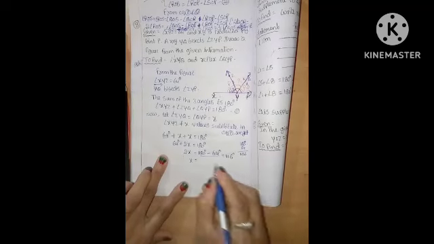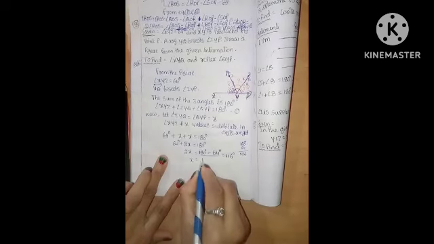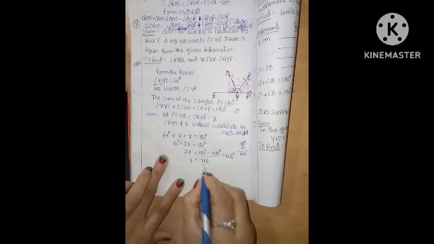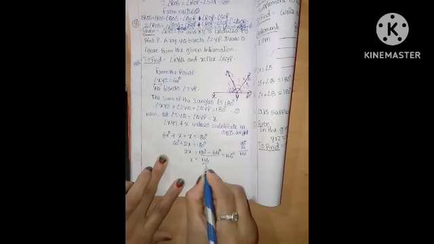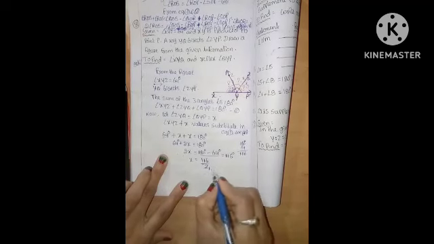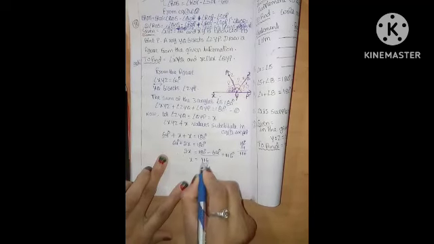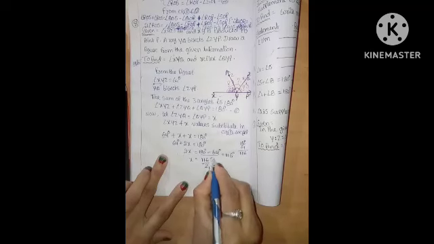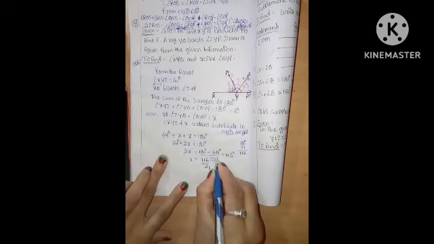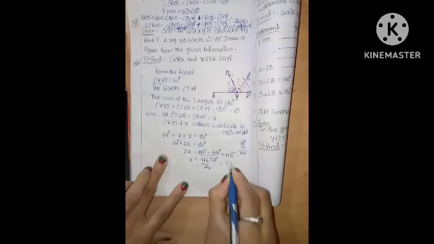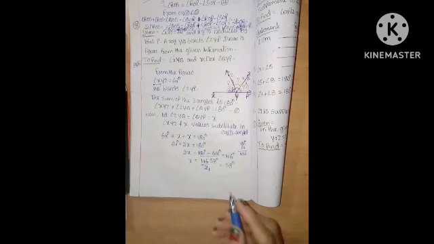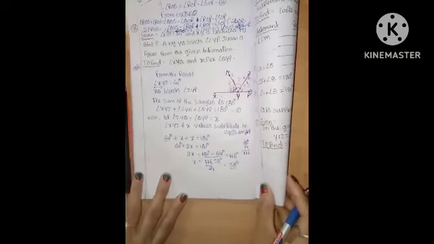So we want the x value. 2x is equal to 116, so multiplication by 2 before the equal sign becomes division by 2 after. Simplify this: 2 ones are 2, cancellation in the table of 2. So 2 ones are 2, 2 fives are 10, 1 is left. Here it is 16, 2 eights are 16. So x equal to 58 degrees.